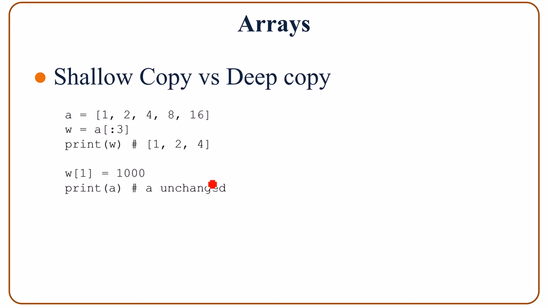So then what happens here is that an array with the content 1, 2, and 4 is created, and w then points to the newly created array. So w has the memory location of this array, or more exactly the first element of the array.